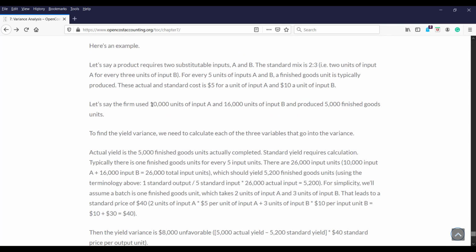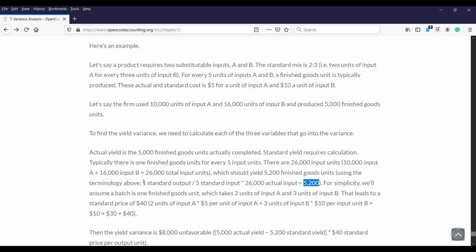Okay, we just added together total input units here. Don't go crazy. It's just that simple. 26,000 total input units. Therefore, we would expect 5,200 finished goods units. Again, we expect each standard output to have 5 standard inputs times the 26,000 actual inputs gives us 5,200.